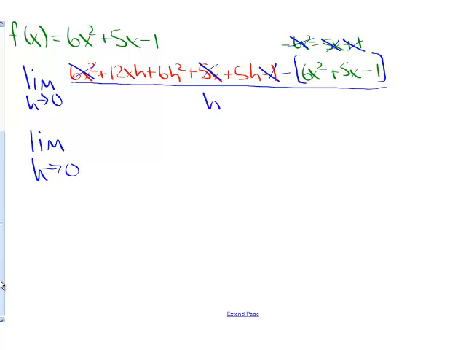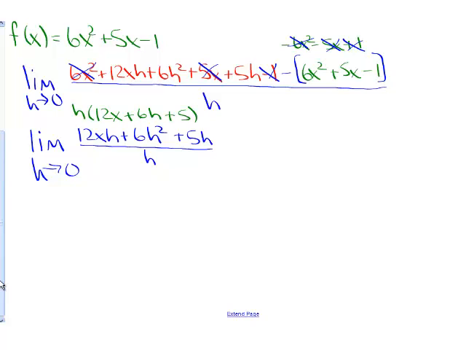So the limit as h approaches 0 of... This is where I'm now algebraically. I've got to take an h out. So if I pull that h out, I get a problem that looks like this.